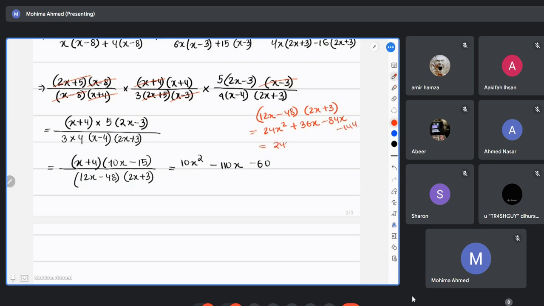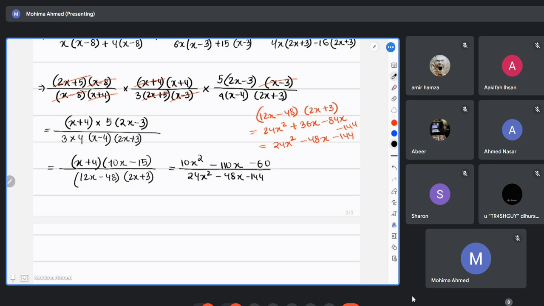Is going to be 24x squared. 36 minus 84 is minus 48, minus 144. From the denominator now, you can write 24x squared, 48x minus 144.